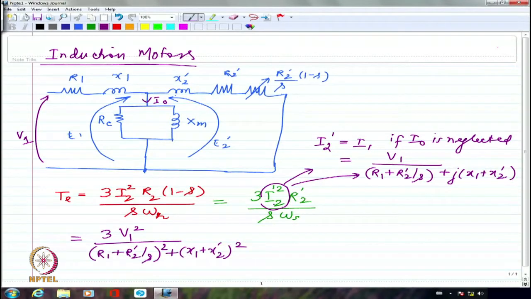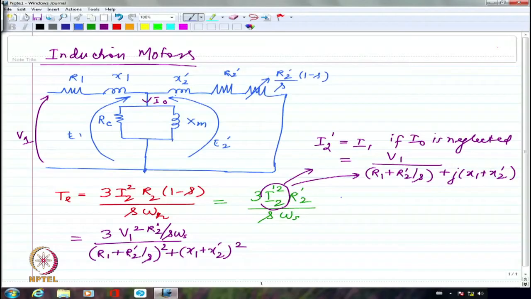That has taken care of I2 dash. Now I am just writing R2 dash divided by S omega S. Right? So this gives me the overall torque expression, from which we talked about two different situations.